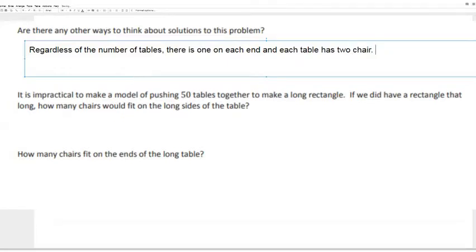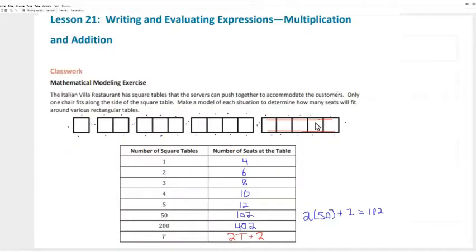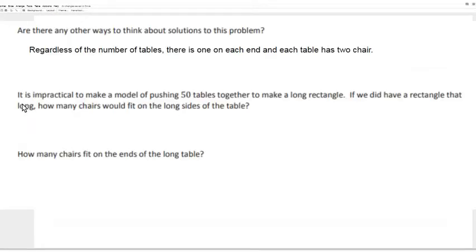I talk about how first there's 1 on each end, and then each of the tables has 2 chairs that go with it, 1 on each side. So that's another way of thinking about it, but overall it should come up to the same answer. The next one says, isn't it practical to make a model of 50 tables?